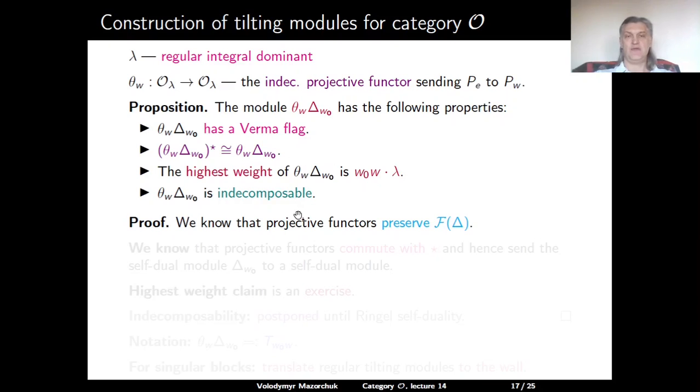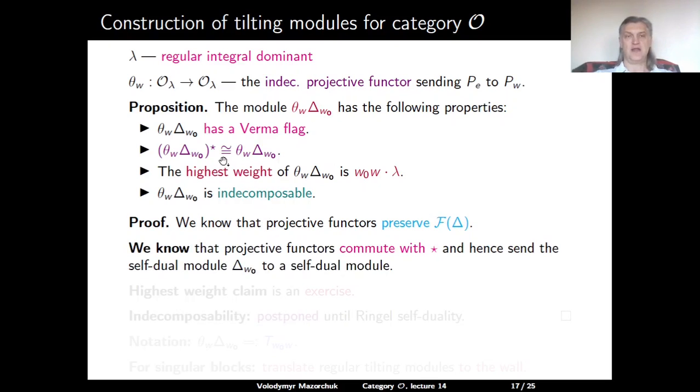For the first claim, we know that projective functors preserve modules with Verma flag. For the second claim, we know that the duality commutes with projective functors, and since the module Δ(w0) is simple, it is self-dual. So the second claim follows directly.